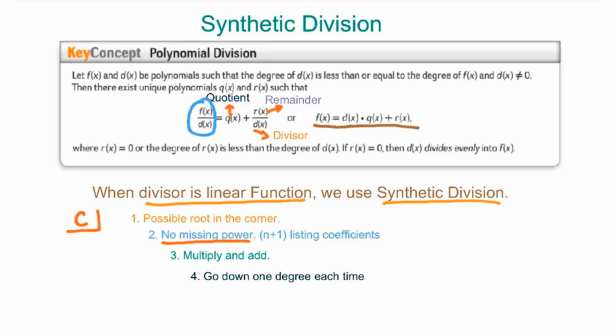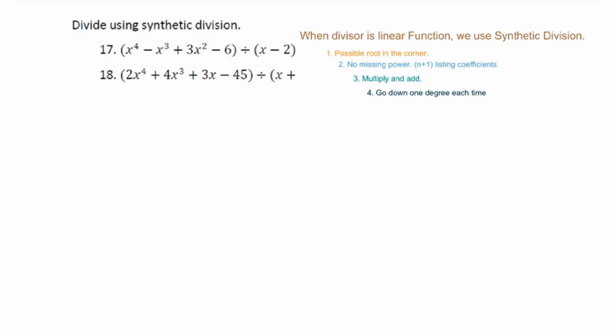That means n plus 1 listing coefficients for a polynomial with degree n. Then you do multiply and add. Then you go down 1 degree each time after you do one synthetic division. Now let's do some practice about synthetic division.